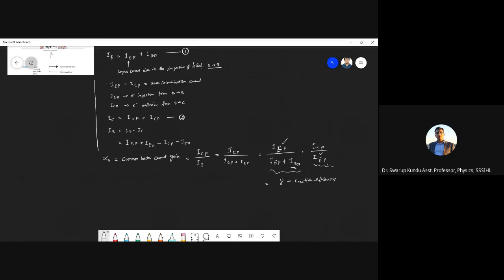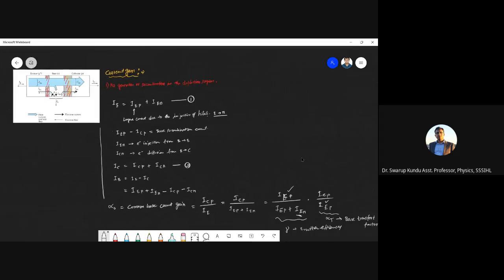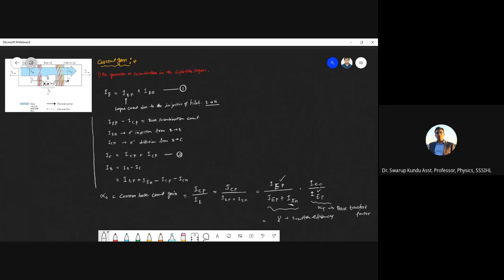Okay, and then we have this second term which is called base transport factor, alpha T. So as you can see, why is it called base transport factor? Because see, ICP is the current it is transporting, right, from base to collector, and IEP is how much the holes are getting from emitter.